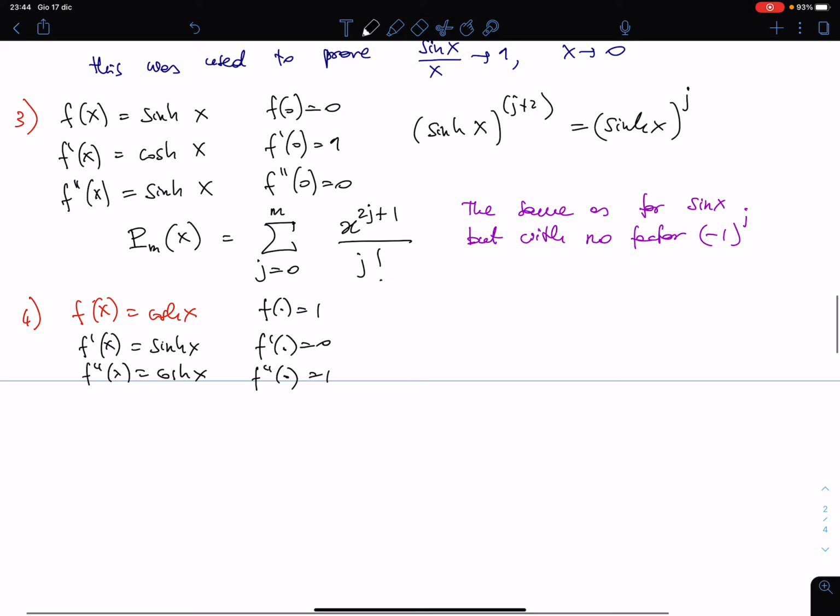So, sorry, and here what I did not write is that f of x is equal to Pm of x plus little o of x to the power 2m plus 1.